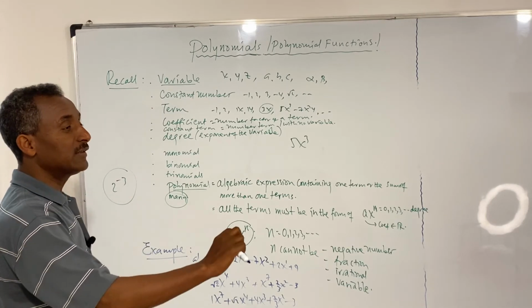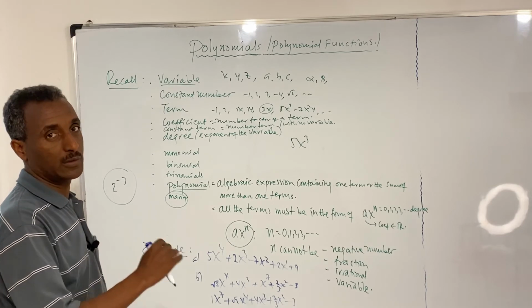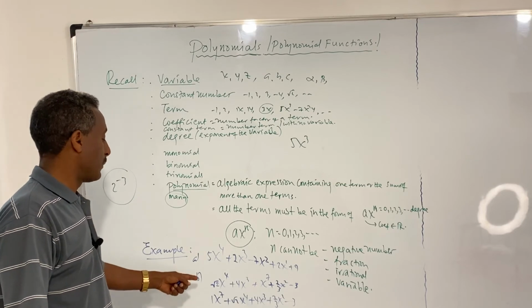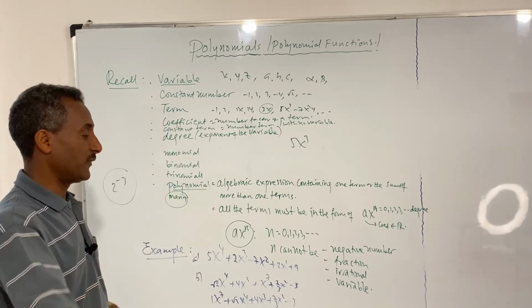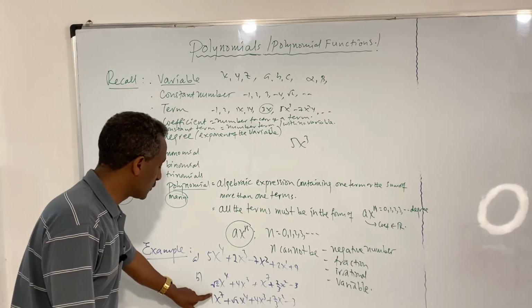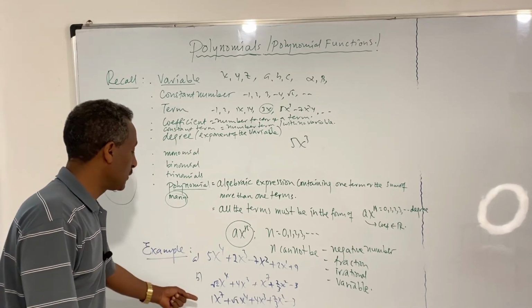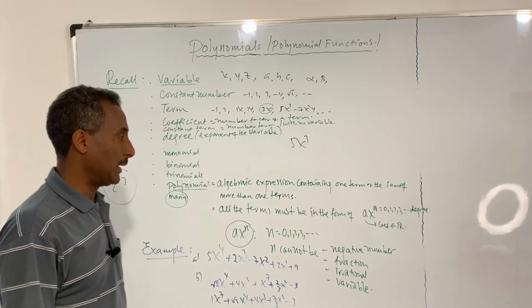When we arrange it, that comes first, when we write the terms in the decreasing order of the degrees. So the leading coefficient of a polynomial is the coefficient of the term with the highest degree of the variable. When we come to this one, the leading coefficient is positive 1, and because of this, we give it a special name called monic polynomial.